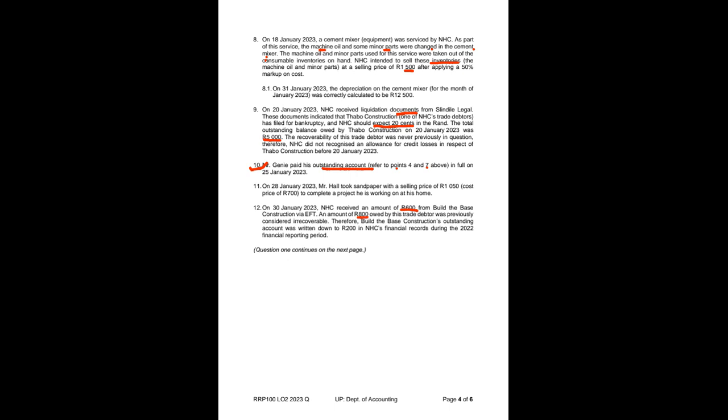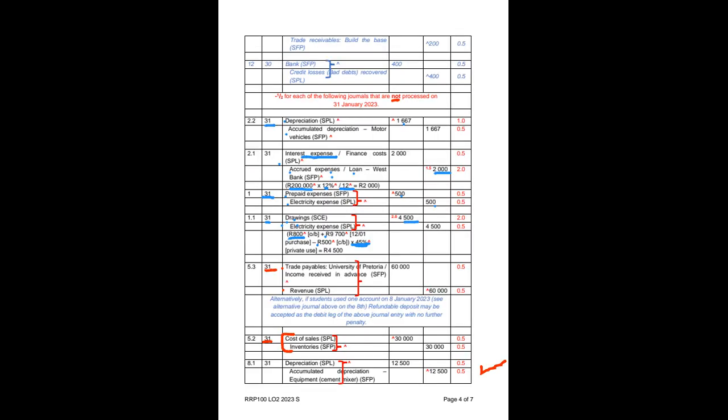So he was at 800 rand, we wrote him down to 200 rand, but now he's paid us 600 rand. So he's paid us more than he owes us. So that is a bad debts recovered, where they paid us more than they owe us. So what that means is we're going to first process a normal payment of a debtor, because he owes us 200 rand. So we process the normal payment first. We do that.